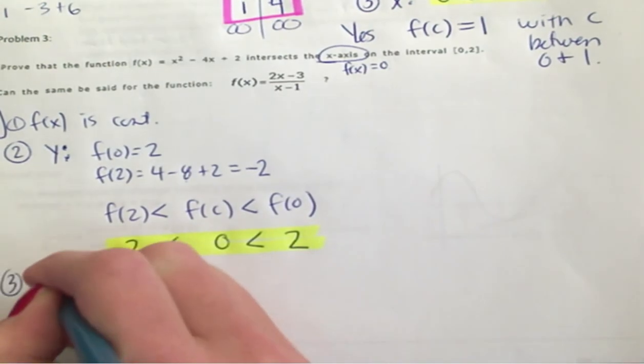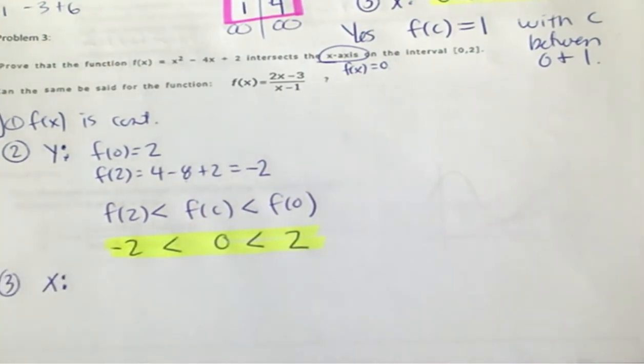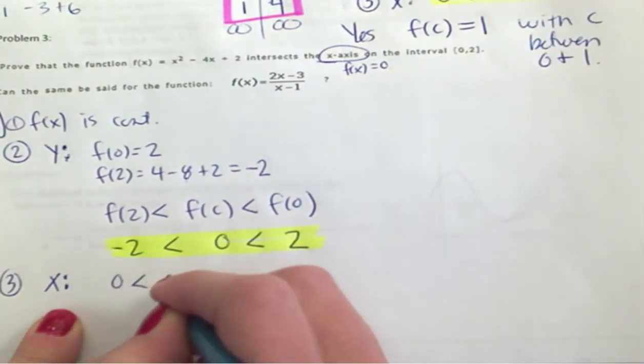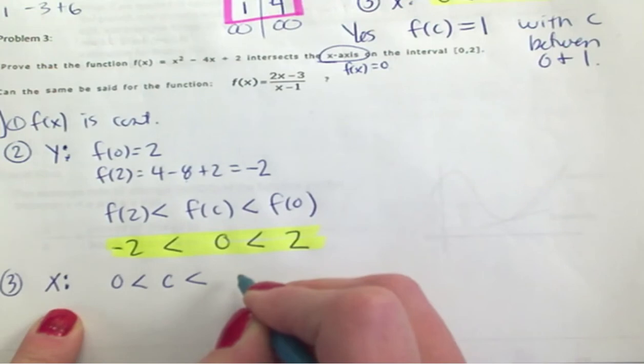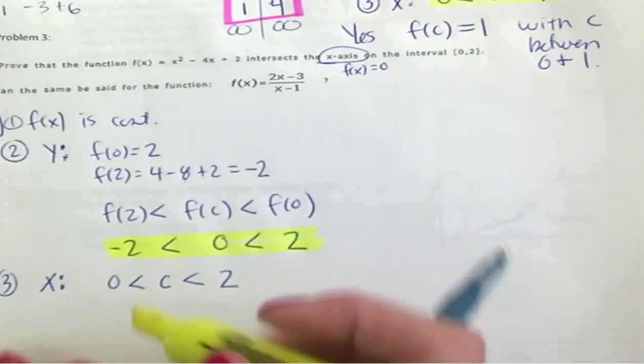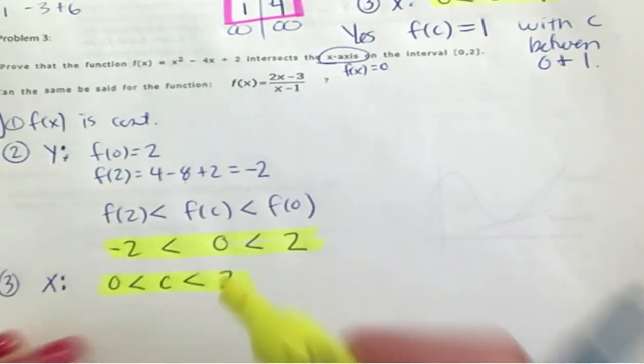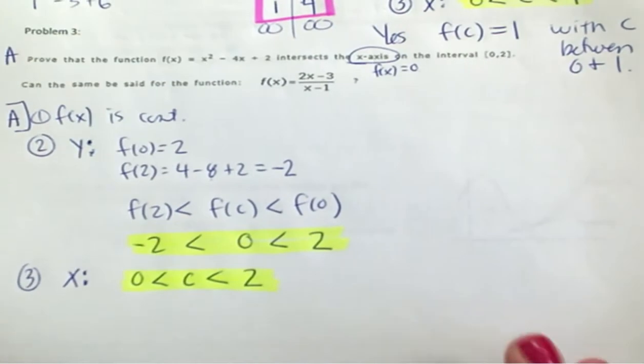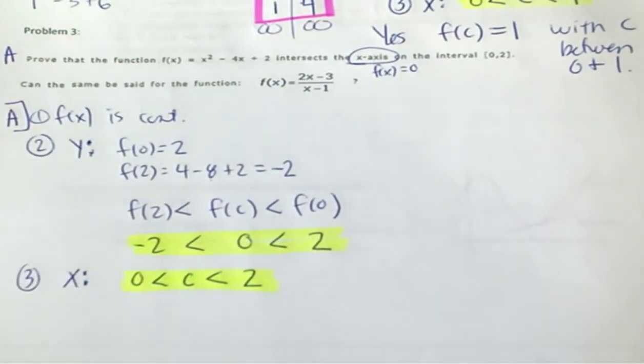Step 3, compare the x's. 0 is less than c is less than 2. Okay. These are the two things that we're looking at. We are trying to write those two inequalities. Are both those inequalities true?